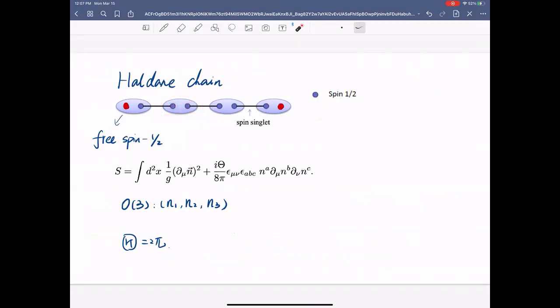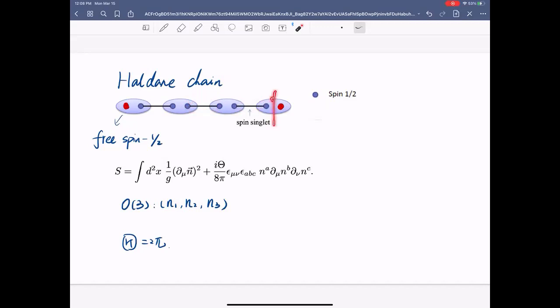The Haldane chain can be written in terms of a tensor network wave function such that every two spins between the unit cells have an antiferromagnetic interaction and are finally projected into an SU(2) singlet. So the ground state wave function is a bunch of singlets between the sites, and the bulk degree of freedom is fully gapped.